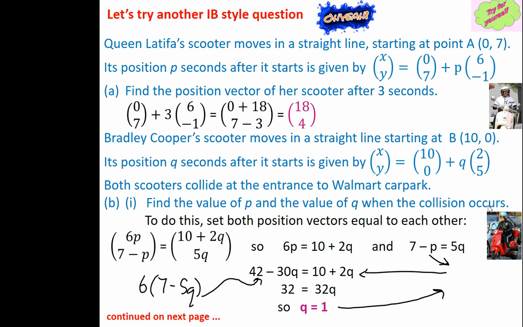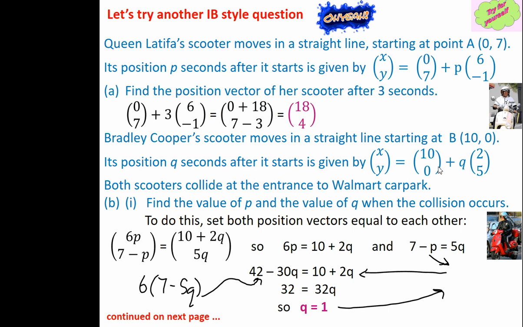When they collide, they're basically equal to each other. So to do this, set both position vectors equal to each other. Queen Latifah's position vector is 0 plus 6p, 7 minus 1p, that's where this comes from.